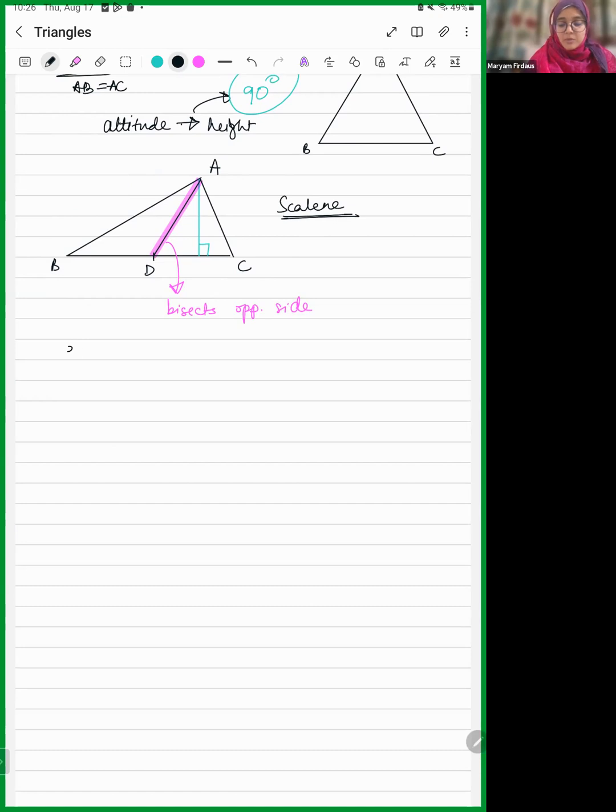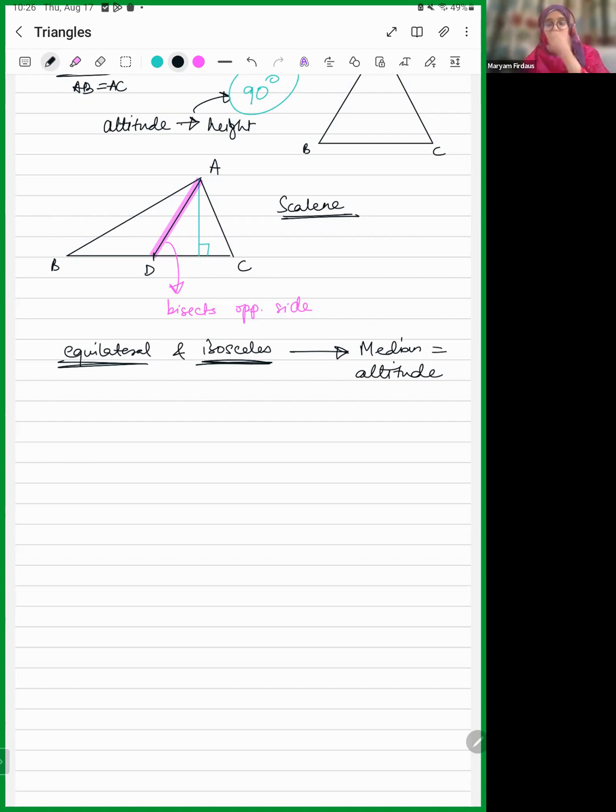But when it comes to equilateral and isosceles triangles, median becomes the altitude. Median and altitude are the same for equilateral and isosceles triangles. That is why you get confused. The next time you get confused between the two, just remember this triangle.